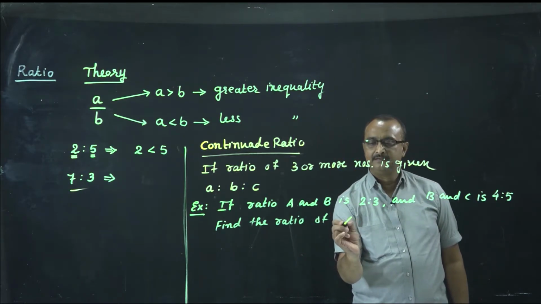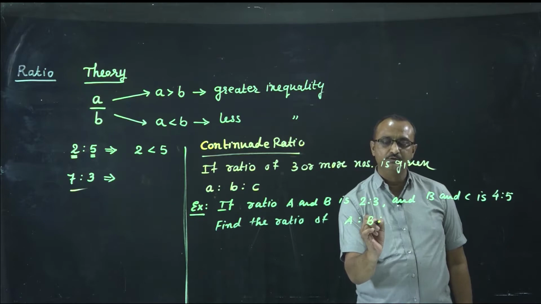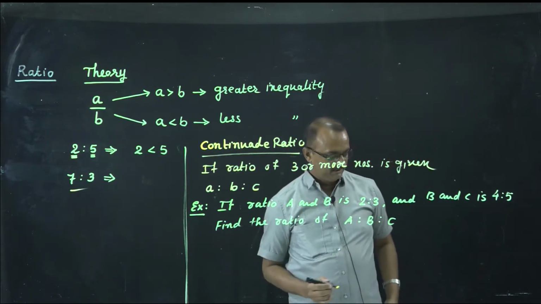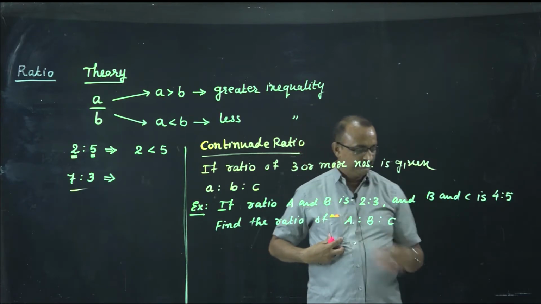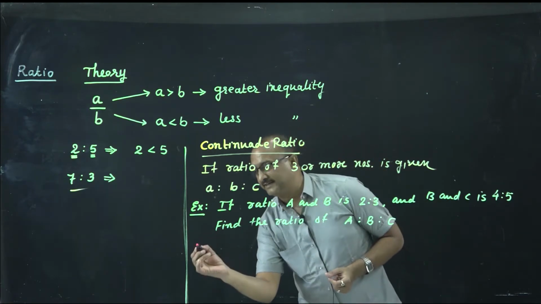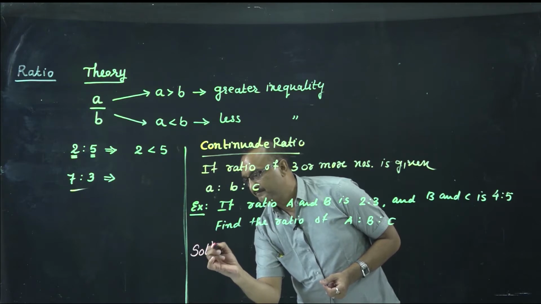Okay. So we have lots of options for finding A is to B is to C, but we are taking a shortcut.